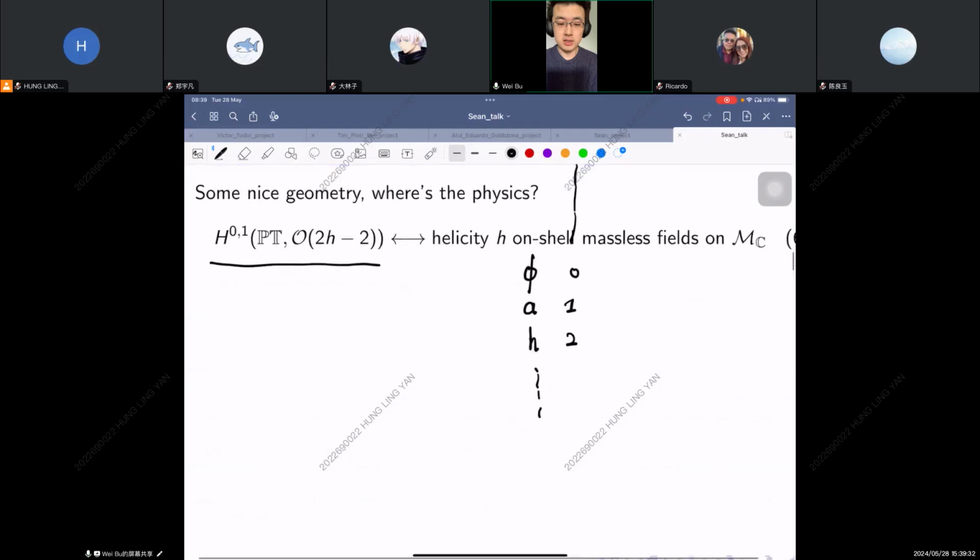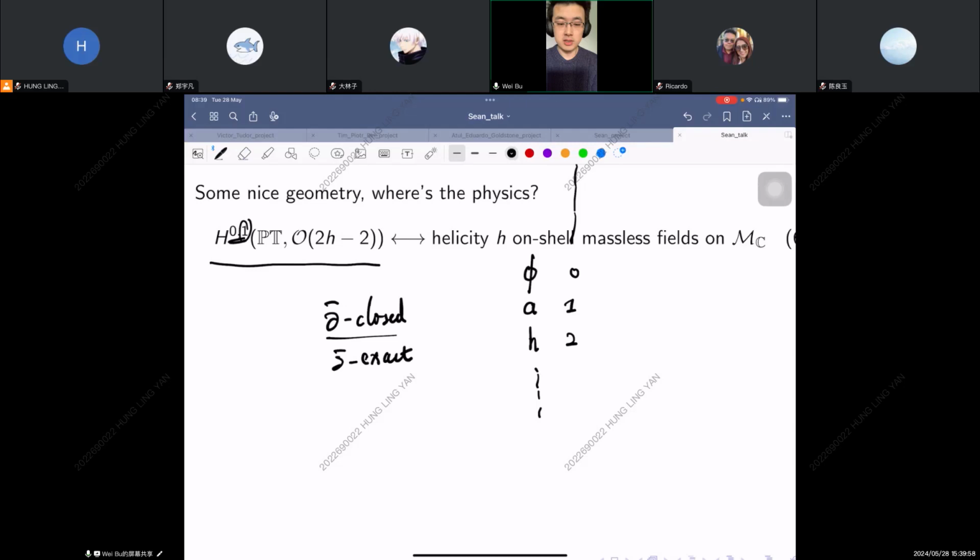So what that means is they're cohomology classes, so it's the partial-bar cohomology classes. 01 just means it's d-bar closed, mod d-bar exact pieces. So it's a 0-1 form and it's d-bar closed, and you mod out by d-bar exact pieces.